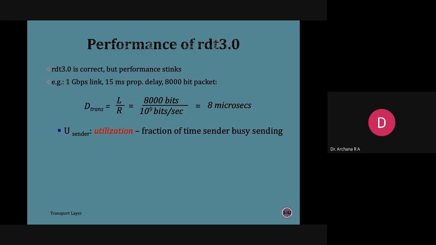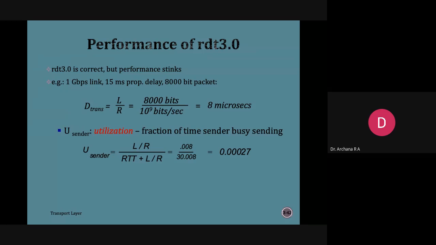How much fraction of time has the sender used it efficiently? How much utilization has been done? That is what we have to calculate. If we calculate the utilization factor, then we will come to know the performance of this stop and wait protocol, or RDT 3.0 protocol.